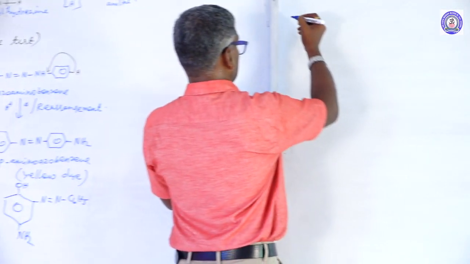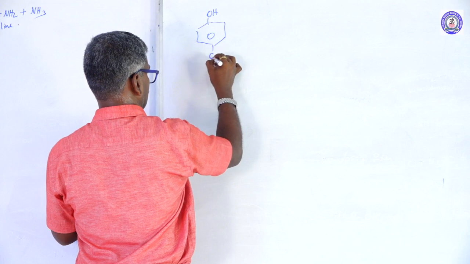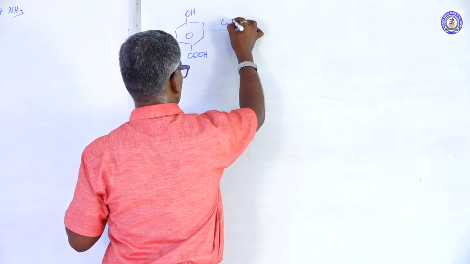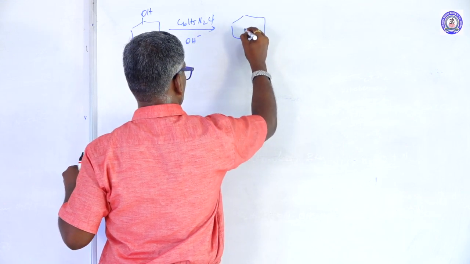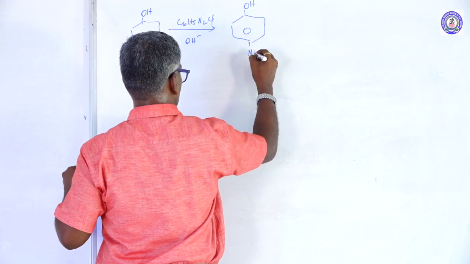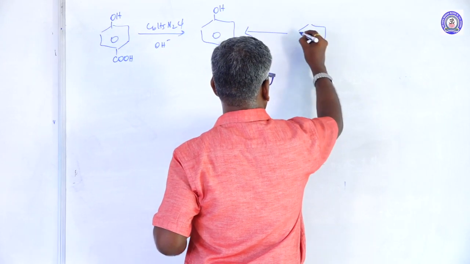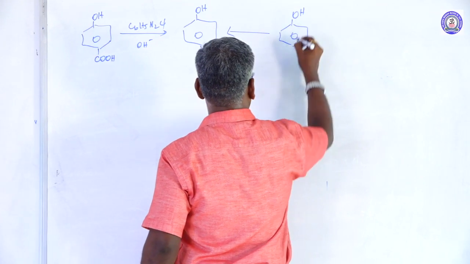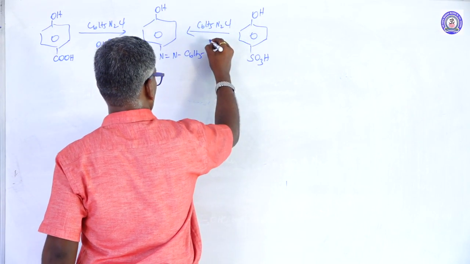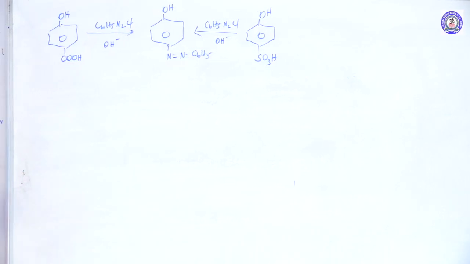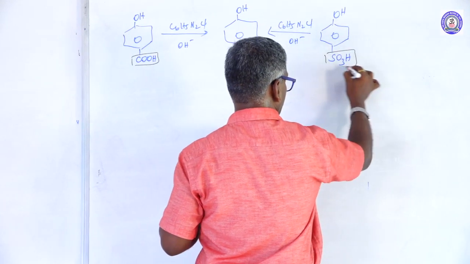Another one. Here, there are two withdrawing groups, carboxylic acid and sulfonic acid.